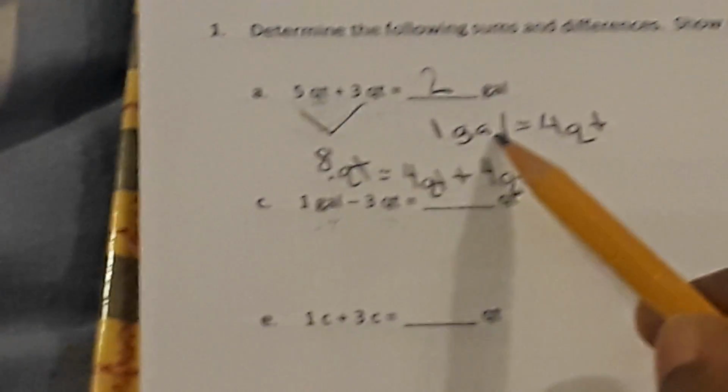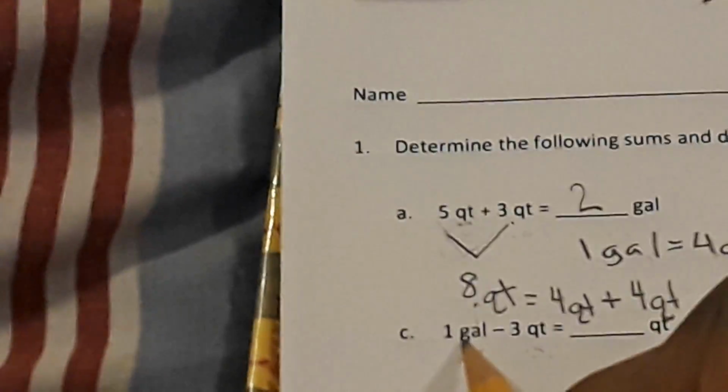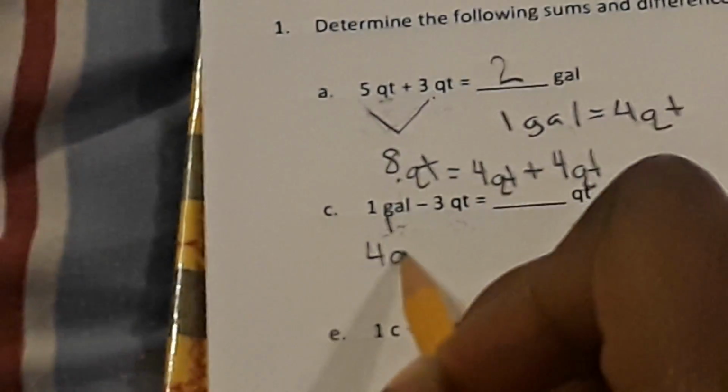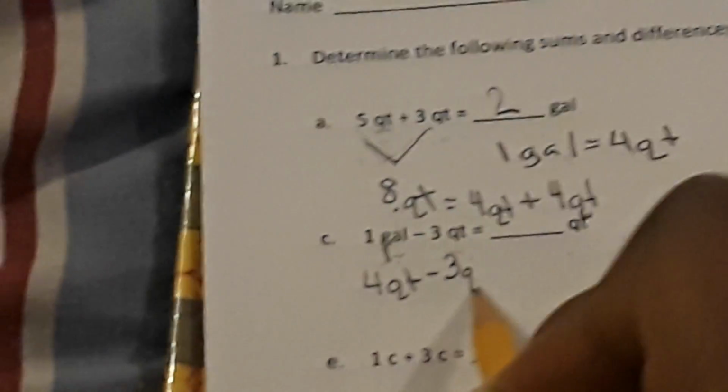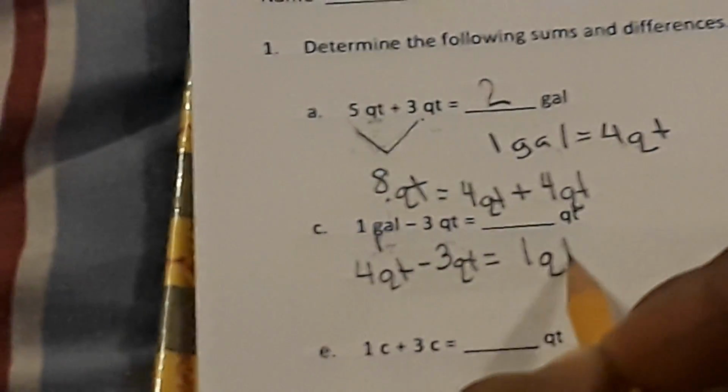Just like I said up here, 1 gallon equals 4 quarts. So I can turn my 1 gallon into 4 quarts, and then I can subtract my 3 quarts, which would give me 1 quart.